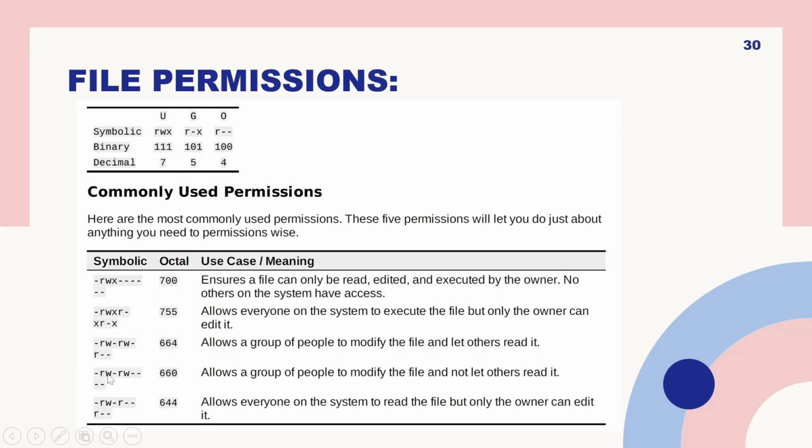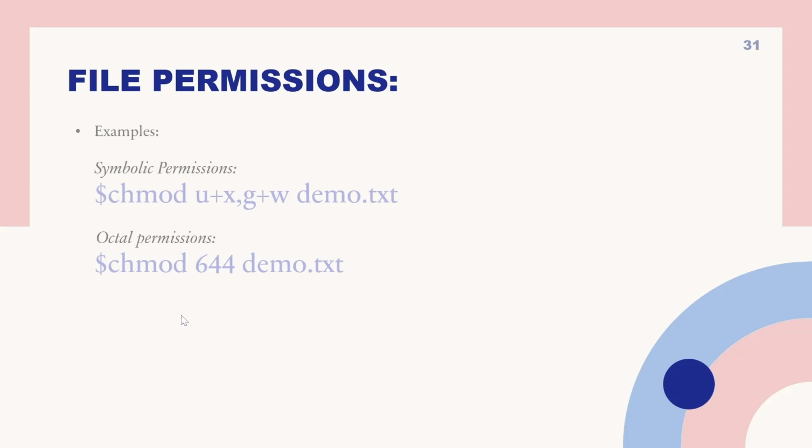The group will have only read permission, because read is filled and write and execute are blank, and others will also have permission to only read. So if you run chmod 644 demo.txt, the owner will have permission to read and write, and the group and others will have permission to only read.